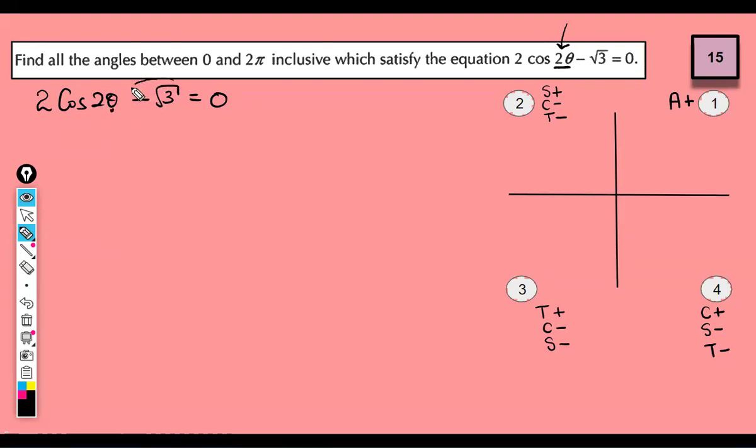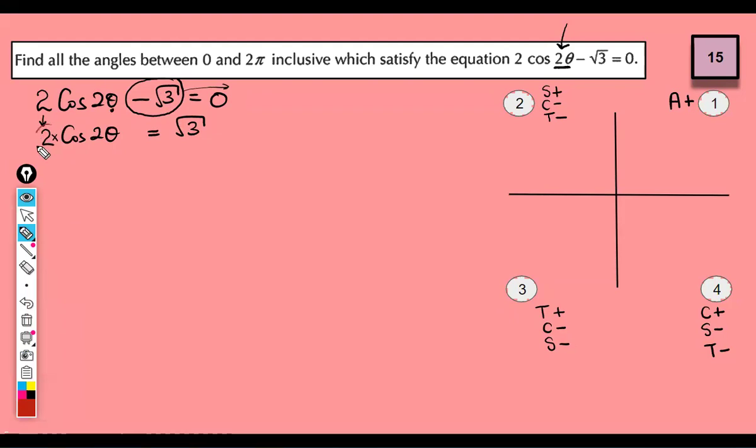Who would we throw across first? The minus square root of 3. So we end up with 2 cosine 2 theta is equal to positive square root of 3. When you throw across the negative, you get a positive. The next person to throw across is this 2, because he's a secret multiplier.